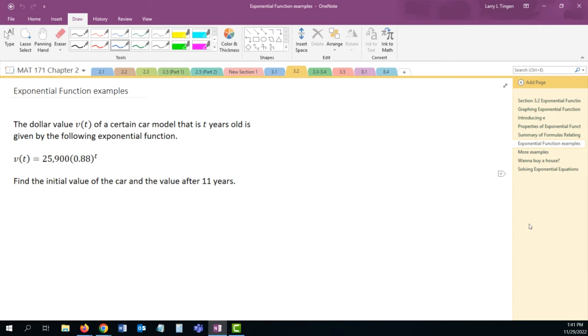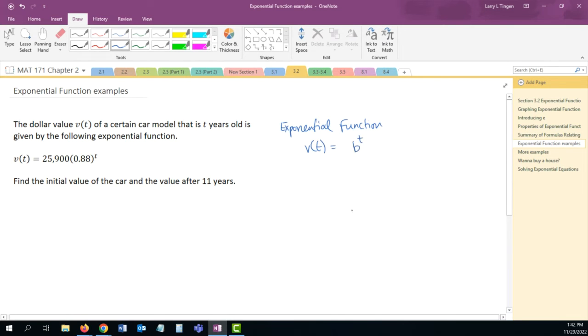All right. Next, and this is kind of what we have been building towards. The dollar value V of t of a certain car model that is t years old is given by the following exponential function: V of t is equal to 25,900 times 0.88 raised to the t. This is an exponential function, and it has a slightly different setup.